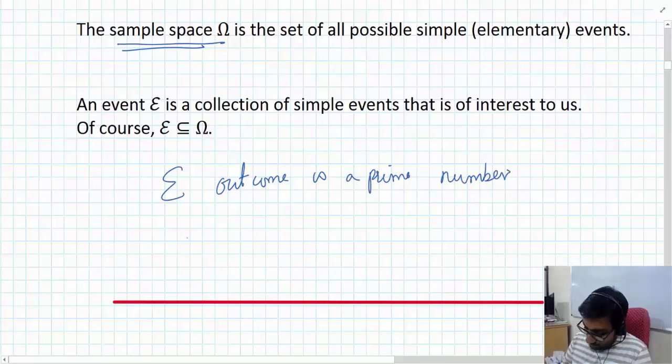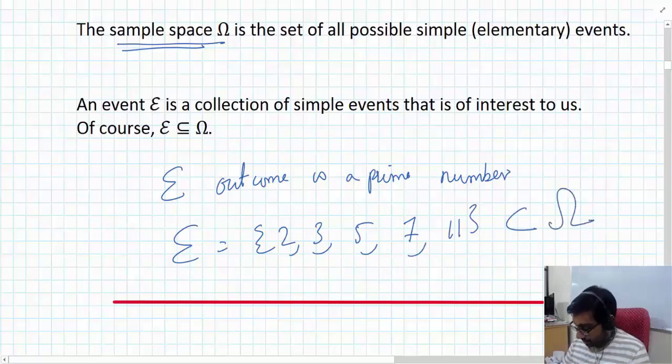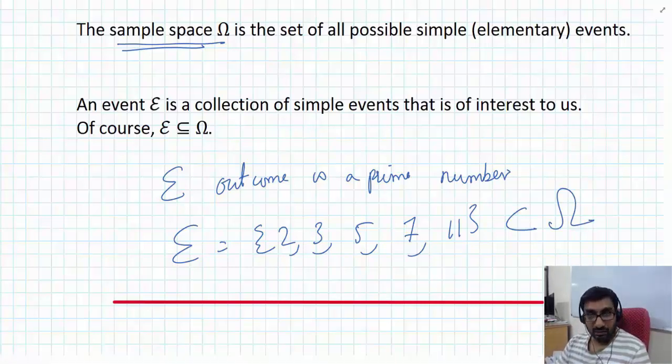So this E is now either 2, 3, 5, 7, or 11. And of course, this is a subset of the sample space. These events are useful because now we have the freedom to define them appropriate to the context in which we are interested.